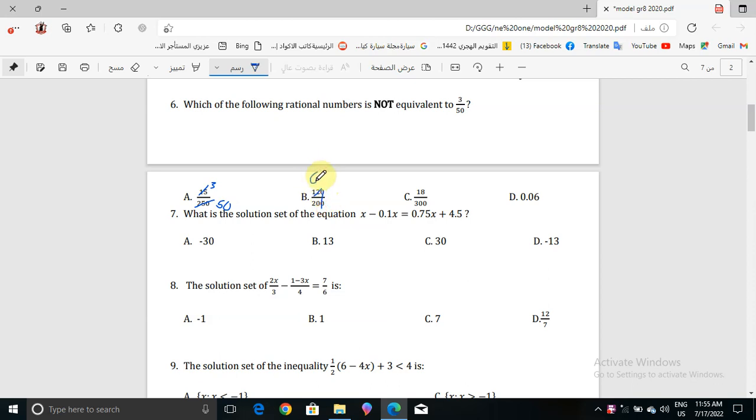Here it will be divided by 6, here by 10. Then here it will be divided by 3, and here by 5. So that means 3 over 5 is not equal to 3 over 50. So the correct answer for question number 6, which is not equal to 3 over 50, will be choice B.